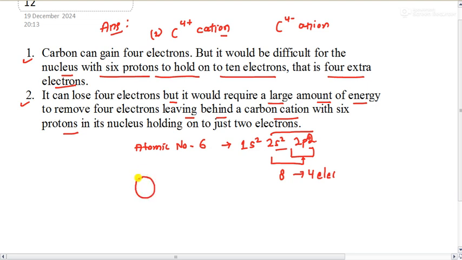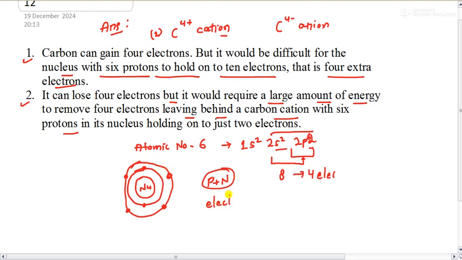It will be written like this: this is the nucleus, this is the first shell with 2 electrons, and this is the second shell with 4 electrons. In the nucleus we have both protons and neutrons, and outside we have electrons, and the numbers should be the same. The number of protons should be equal to the number of electrons. Inside we have 6 protons, and outside we have 6 electrons.